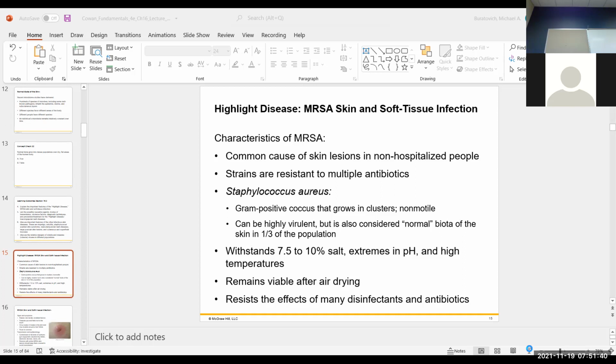So let's look then at some of the soft skin and soft tissue infections. Superficial infections include things like impetigo. Some people say impetigo, it depends on which syllable you emphasize. Impetigo is usually seen in children.